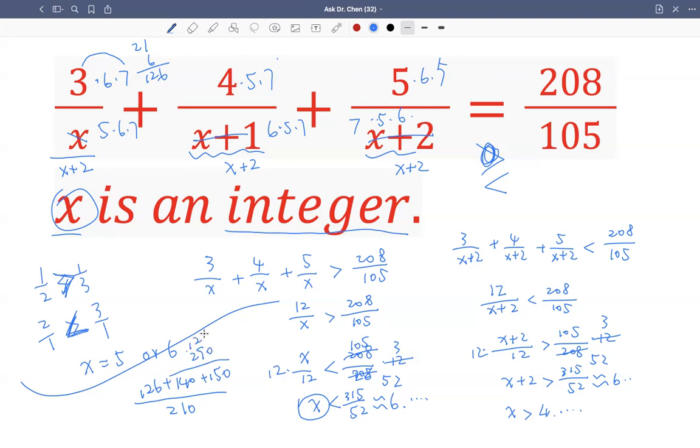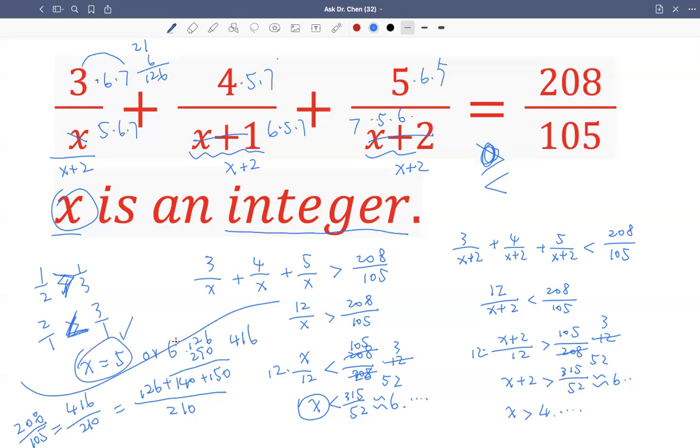Add 126, that's 416. So we have 416 divided by 210. Now divide by 2, because both are even numbers. The numerator 416 divided by 2 is 208. The denominator 210 divided by 2 is 105. Bingo.